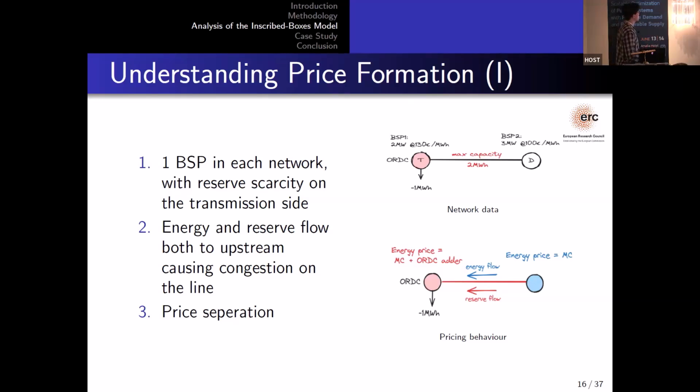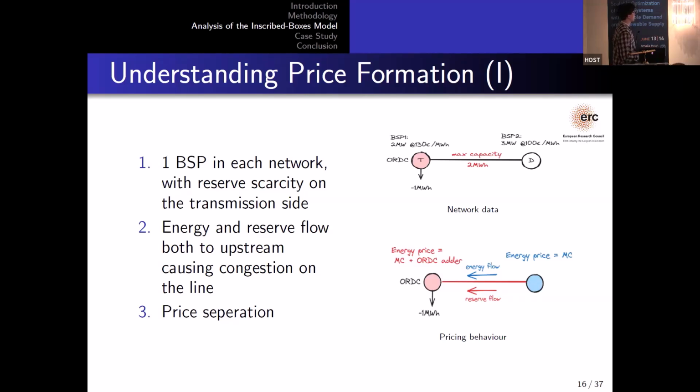BSP 2 is cheaper than BSP 1. We have reserve scarcity on the transmission side, so we're expecting an energy flow from D to T because there is a load here. The energy flow goes this way also because we have reserve scarcity and the line capacity is maximized. We have a congestion caused in the line, resulting in price separation.